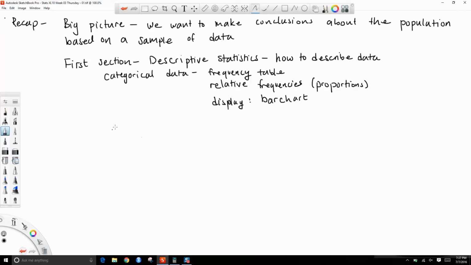All right, and for numeric data, we have summary statistics. Okay. What are some summary statistics? How do we describe numeric data?